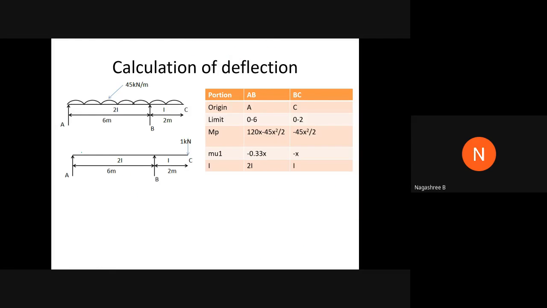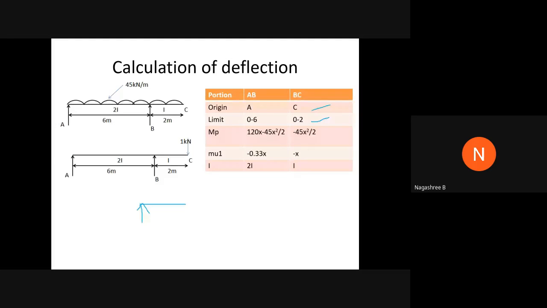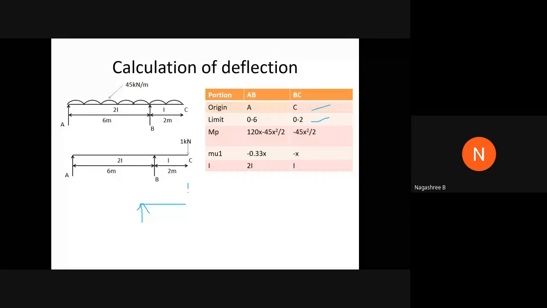Okay. If I just take BC, here you know that C is the point of origin, and it is between 0 to 2 meters. This is the C point of 1 kilonewton load.